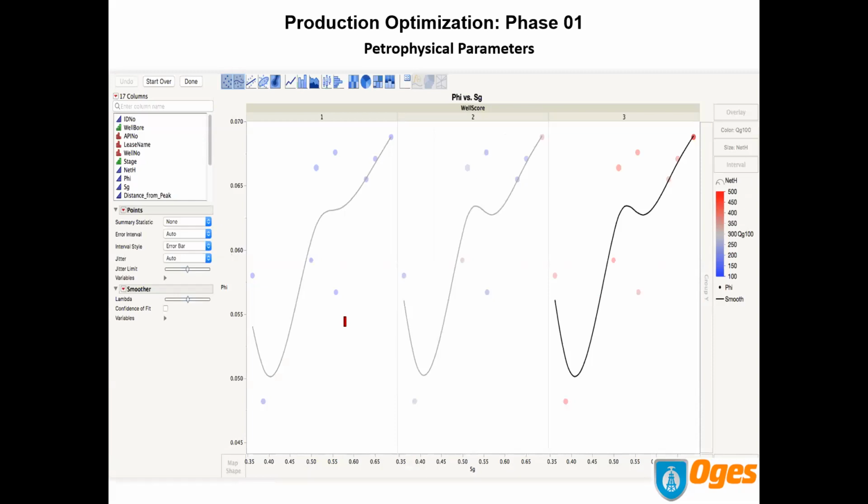In this case, it's just another example of looking at it. Here we're looking at the different categories, 1, 2, 3. This is a further delineation and categorization based on the levels of production. We've provided a categorization of low, medium, and high QG 100 rates by wellbore.